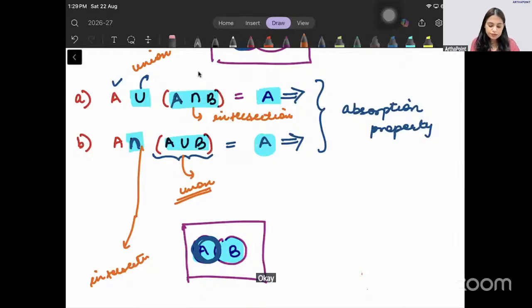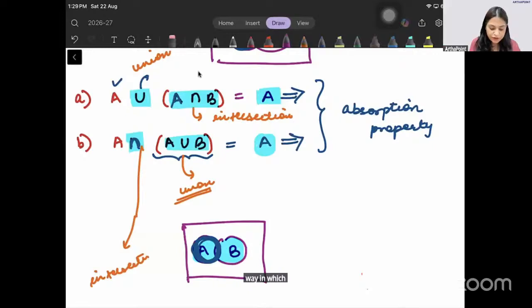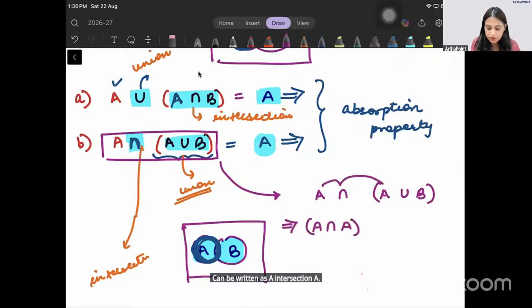Okay, so there is one more way in which you can prove it. Here you can use the distributive property. A intersection (A union B) can be written as (A intersection A) union (A intersection B).